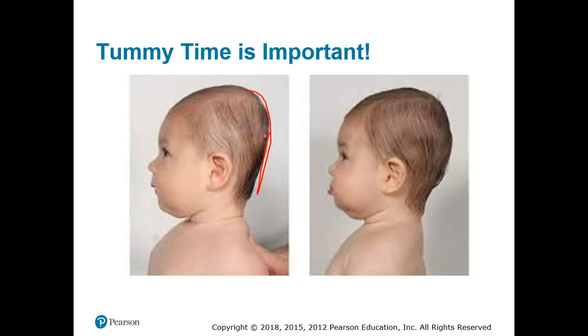And they don't want this because they want the cranium or the head to have proper development because we're going to learn here in a few slides that it is important for brain growth. And so we want to make sure that they have proper tummy time so the head develops properly. Now, why does it do this? Again, it's because those babies have those soft spots that are easily subjected to pressure or can shift around and move because of pressure or factors like that.